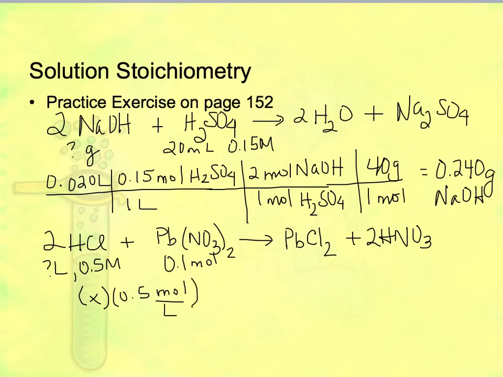That would result in 0.2 moles. And where did I get that 0.2? Well, check your stoichiometry, right? For every 1 mole of Pb(NO3)2, here we have 2 moles of HCl. So the answer should end up being 0.2 moles here. So it's X times 0.5. If we do the math, X is equal to 0.4 liters.